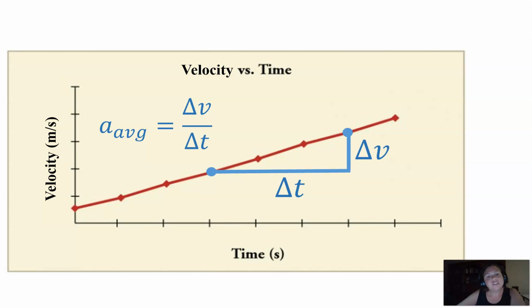The slope is the change in velocity divided by the change in time. Well, that's the average acceleration formula. Again, it makes sense in terms of units. On the y-axis, we have meters per second. On the x-axis, we have seconds, and we get something in meters per second squared.